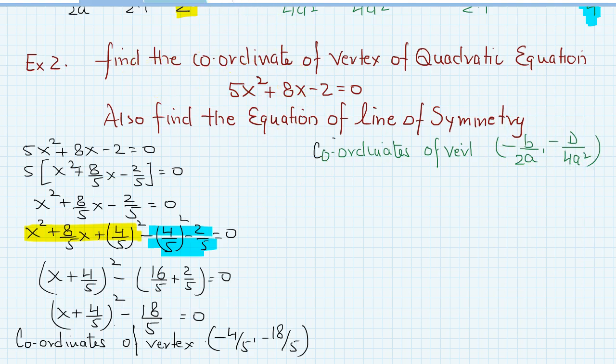So let's find the values. a is 5, b is 8, c is minus 2, and d is b square minus 4ac. So that is equal to b square is 64 minus 4 times 5 is 20 times 2 is 40, and plus. So plus 40, that is 104.